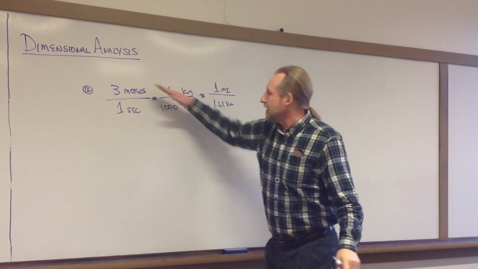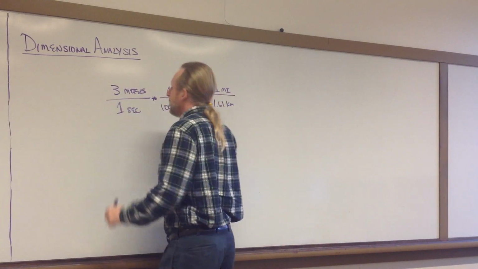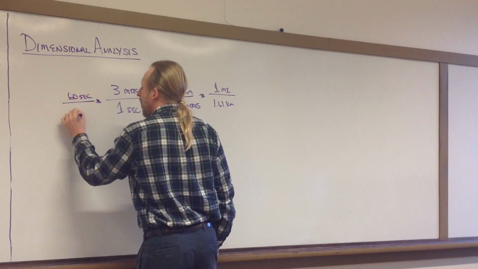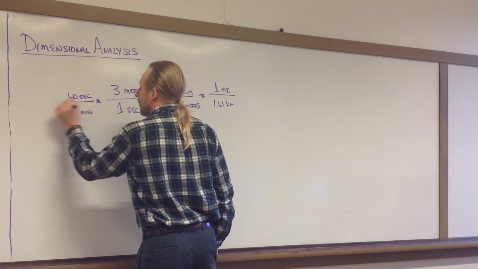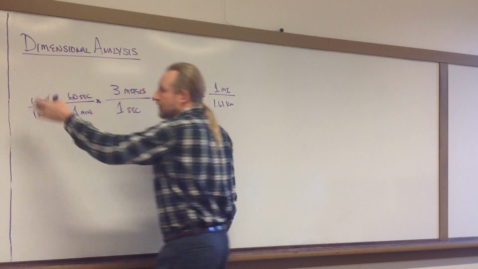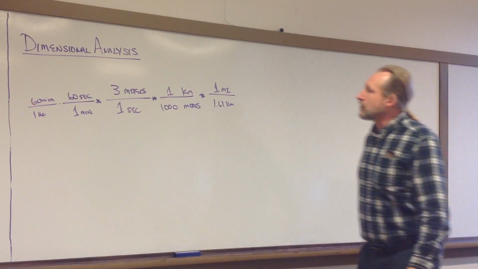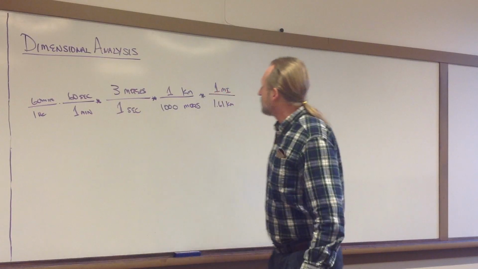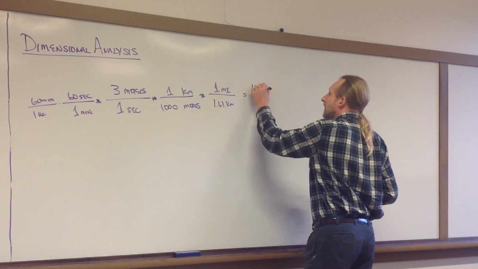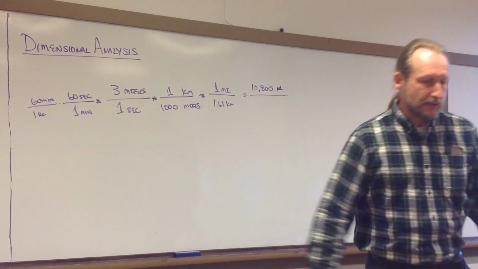So these will cancel, we'll be left with the miles. Over here, we need to go from seconds into hours. And you can do that all at once if you use the 3,600 seconds in 1 hour, or you can use 2 conversion factors. So here's 60 times 60 times 3 on top. So I think that's going to give us 10,800. I'll double check that on the calculator.